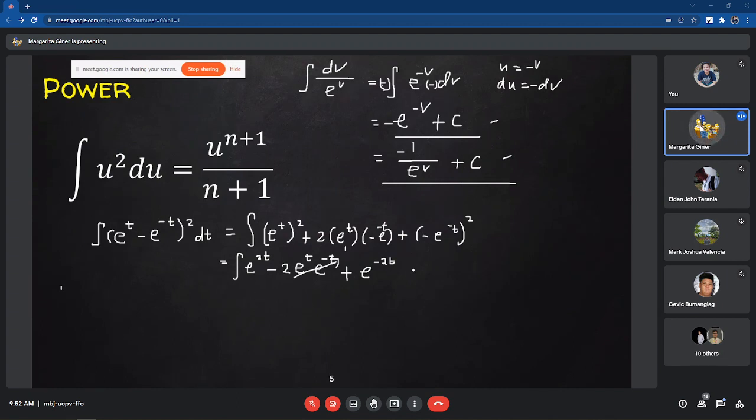So, your final equation is e raised to 2t minus 2 (the 2 that is left) plus e raised to negative 2t, times dt.